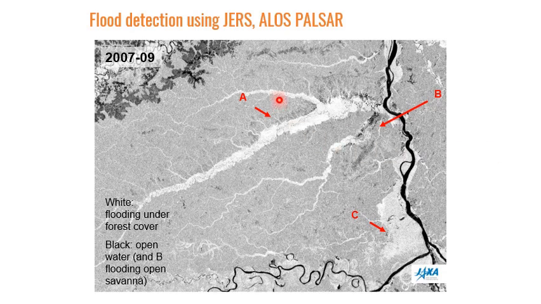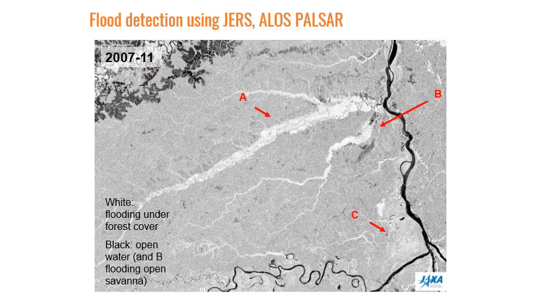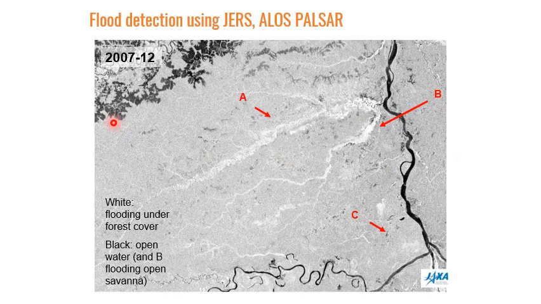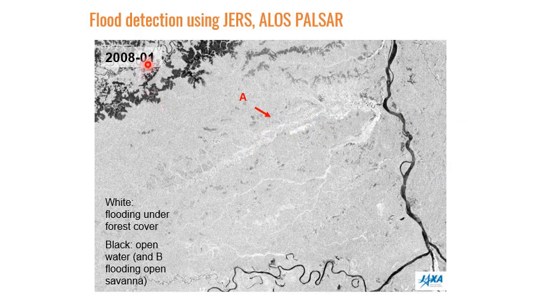Then, yeah, it's now September. Now November, it still exists, and then it changes, right? So December, now no waters, now dry season. So it still has moisture, but it's not so much. Now, January again, 2008. So there's no waters under the forest.